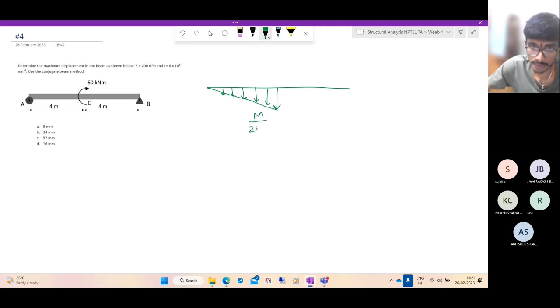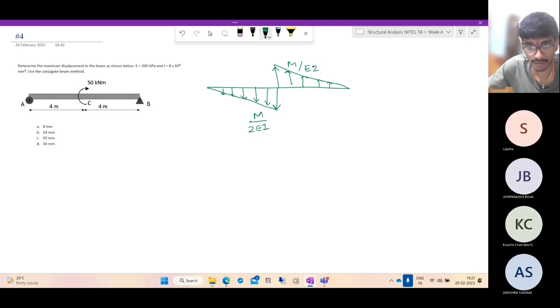This was M by 2EI, this was again M by 2EI. These are the boundary conditions.